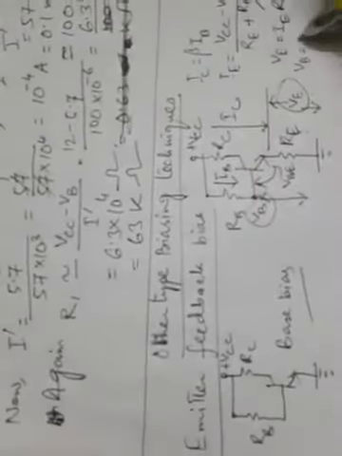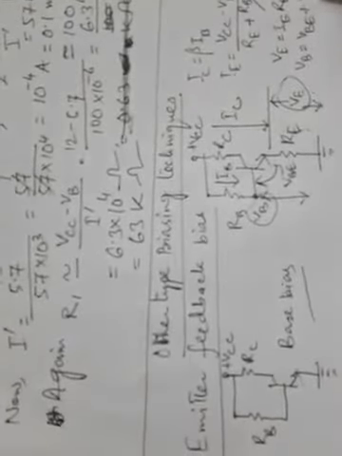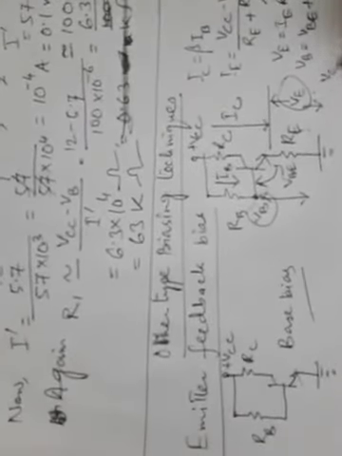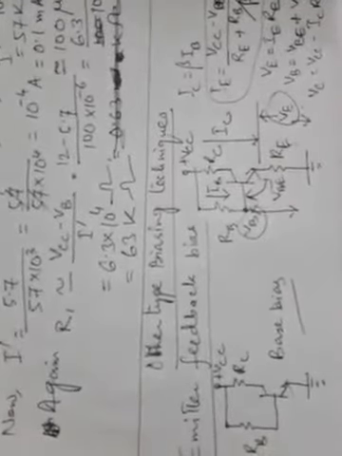VB, which is VBE, that is 0.7 volt, plus VE, and at the output circuit VC equal to VCC minus ICRC. These equations are common; only the first equation is uncommon, and its derivation is not that important.